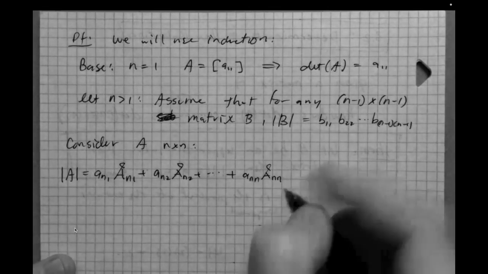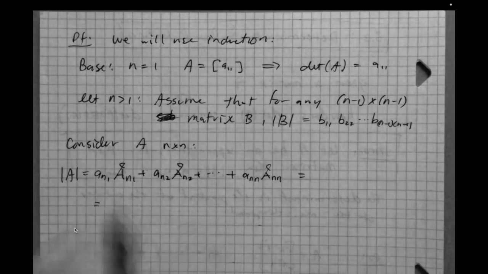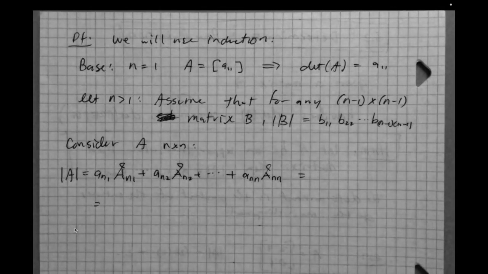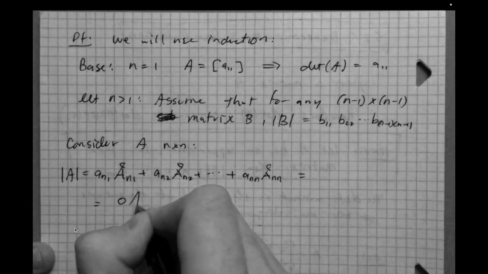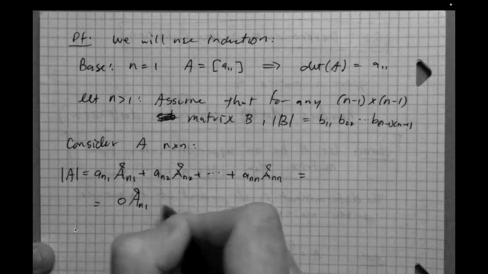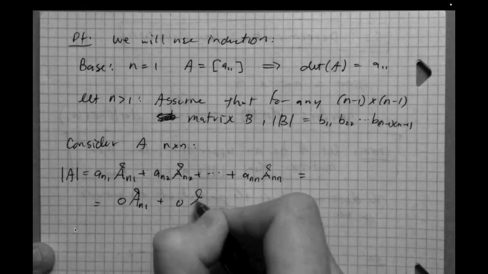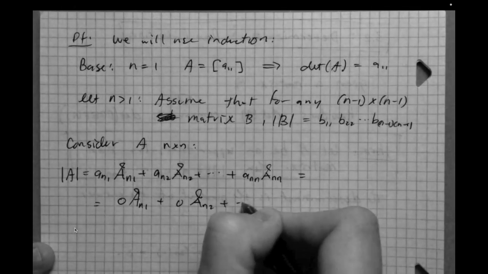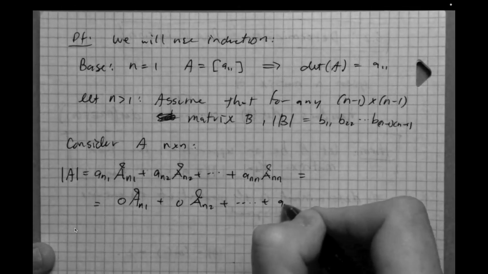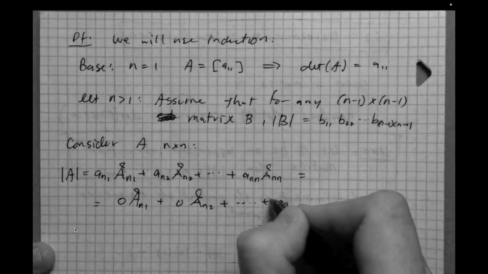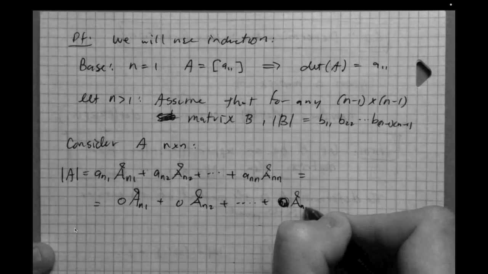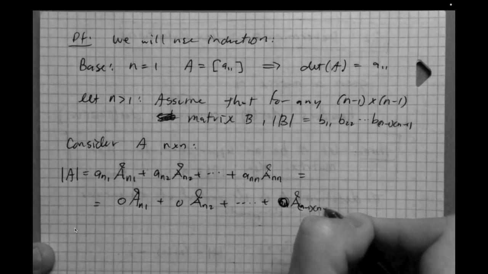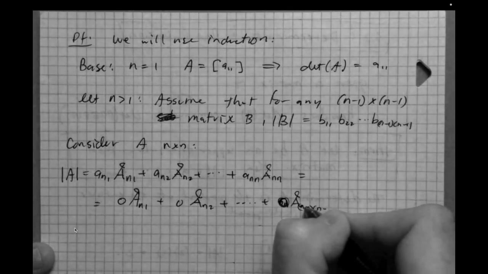And what is this going to be equal to? Well, remember the matrix is upper triangular, right? So this is going to be equal to 0 times an1 plus 0 times an2 plus ... plus 0 times a(n)(n-1).